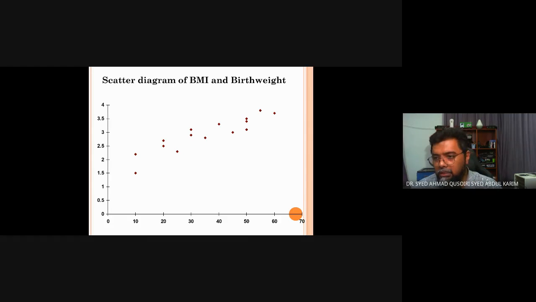And if you go a little bit further, you can come up with certain formulas from this scatter plot. I'm sure you have learned about graphs back in high school: y = mx + c.